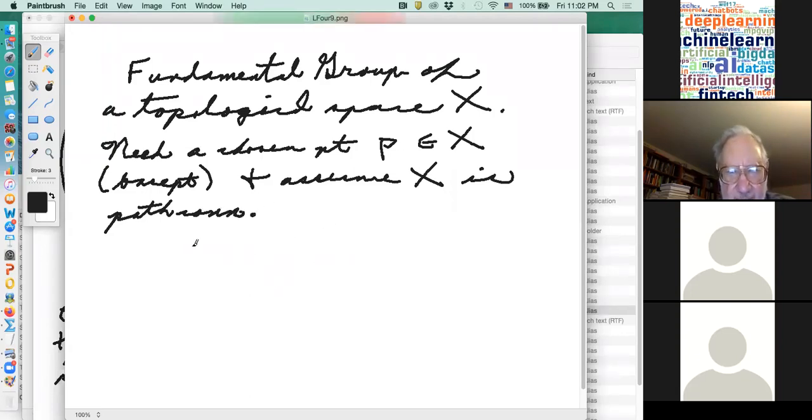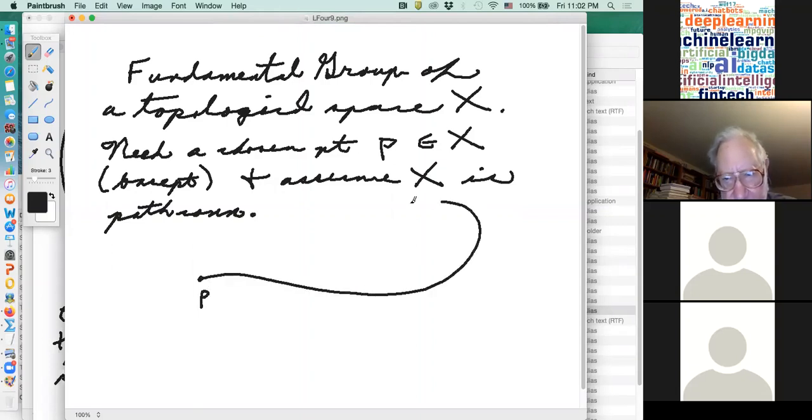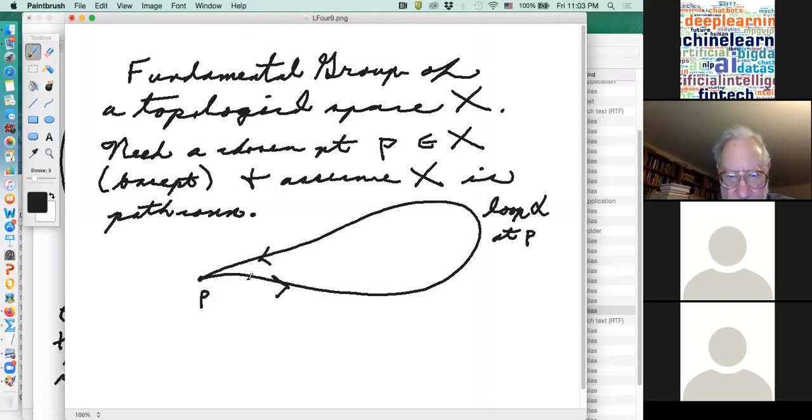And then the idea is as follows. I have the point P, and I consider a loop, which is a path which goes out and comes back to P, like that. A loop alpha at P, meaning it starts at P and it ends at P, and it's a continuous mapping.